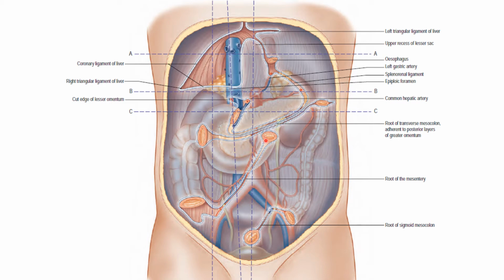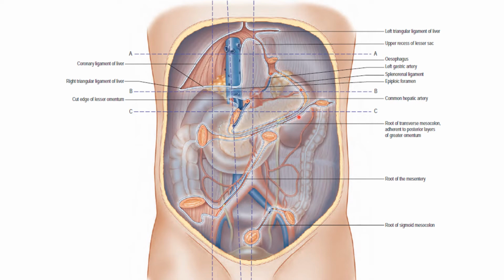Then the second segment comprises the duodenojejunal junction, then the jejunum and ileal loops, and cecum. Here the root of the mesentery has been cut, and this bowel loop has been removed.